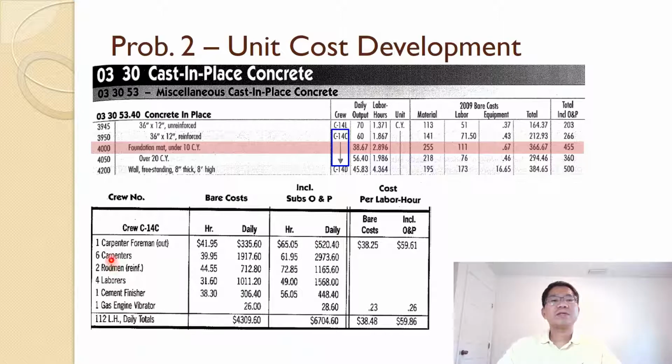And then we have one carpenter foreman, and then 6 carpenters, and 2 rodmen for reinforcement, doing the rebar, because this is the foundation work. And then we have 4 laborers, 1 cement finisher, the one that does the finish work, and then 1 gas engine vibrator.